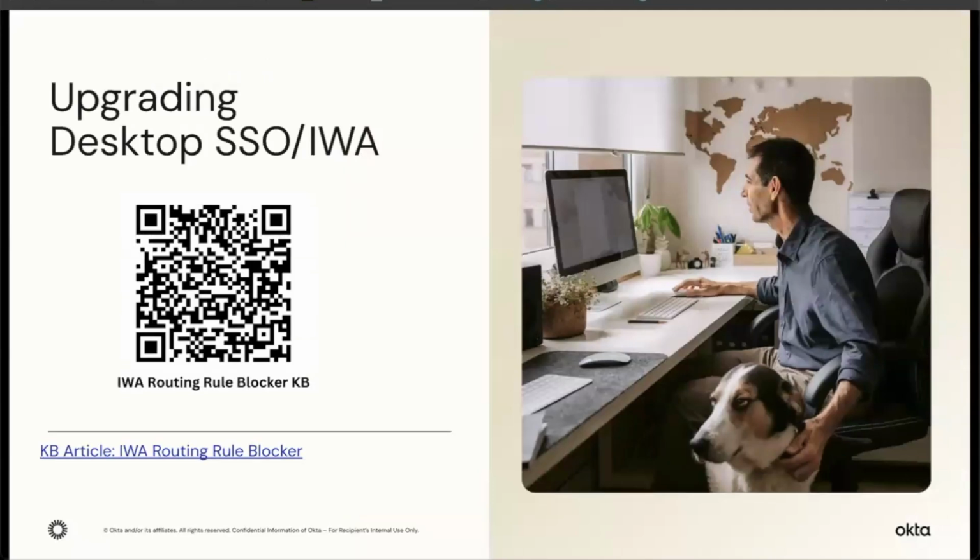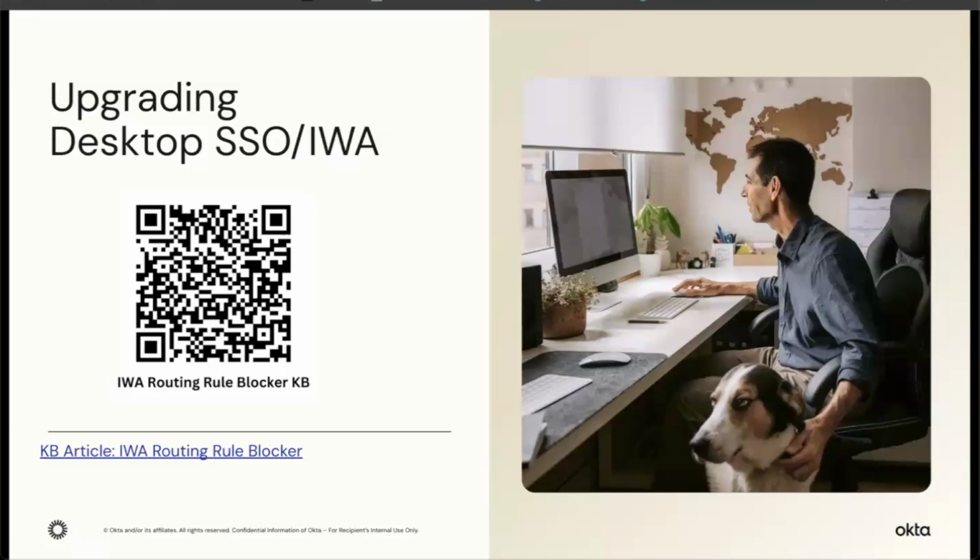All right. Thanks, Dimitri. As we noted, the main topic for today is going to be upgrading to OIE when you have the legacy desktop SSO IWA functionality enabled. We do have some very good documentation around this that you would see in your tenant, in the self-service upgrade section in your dashboard under the Learn More link.